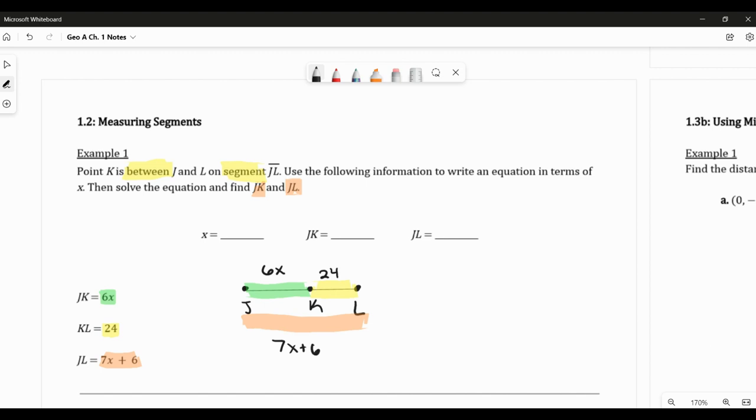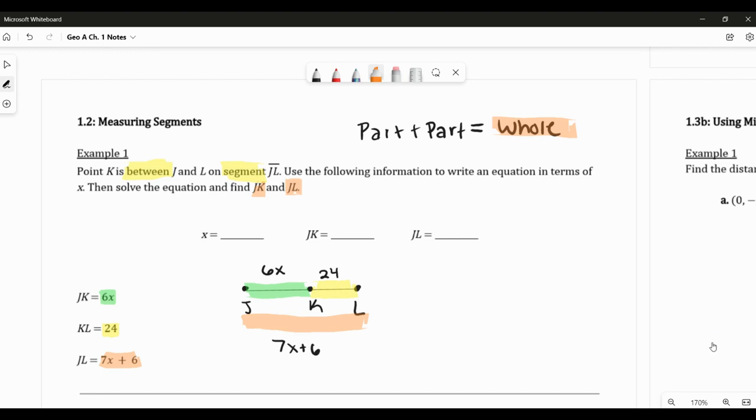Now, in our notes videos, which you should have already watched, we learned that when I have 2 parts of a whole, if I want to find the length of that, I can use the formula part plus part always will equal the whole.